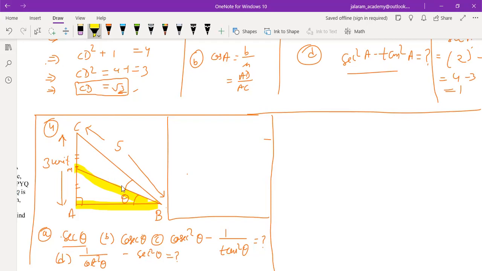So how to find BM? How to find AB? First of all, we will use triangle ABC. In this triangle, two sides are given. AC as 3 units, BC as 5 units. To find AB, we will use Pythagoras theorem in triangle ABC.